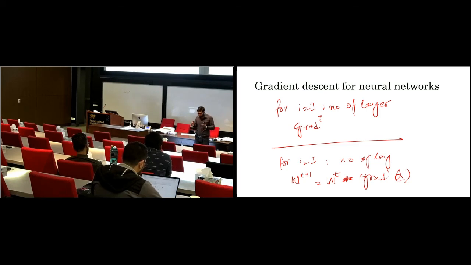But let's say if you're standing at a point, let's assume that direction is not just a direction, it represents a vector W in my complex space. And you find the gradient with respect to W and you take the step, then this was not the gradient direction, because for the gradient direction you have to find the gradient with respect to W1 and W2 and W3 and all the W's, and then take the step in that direction.